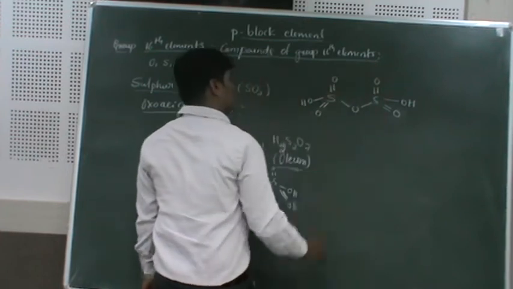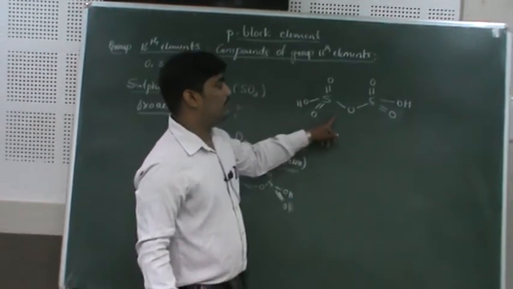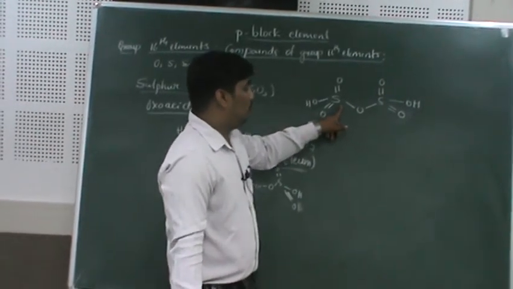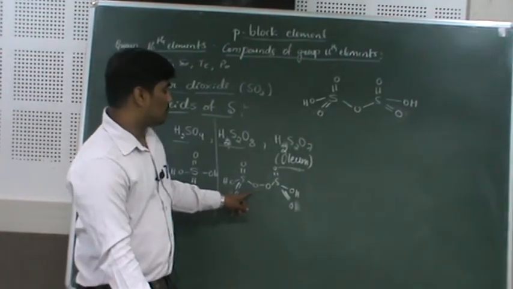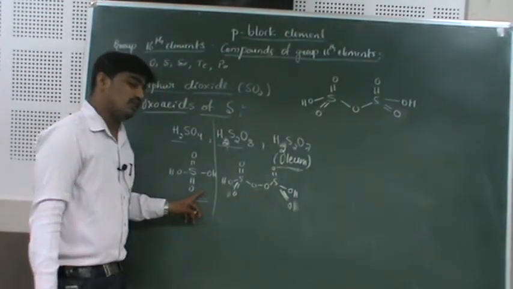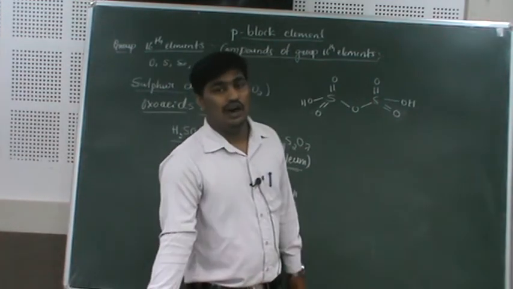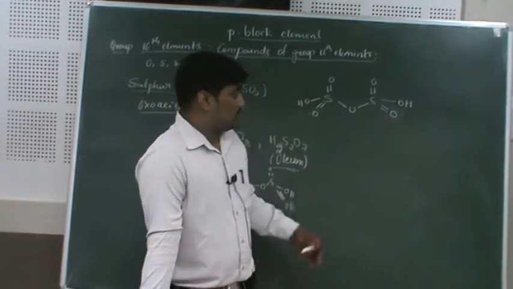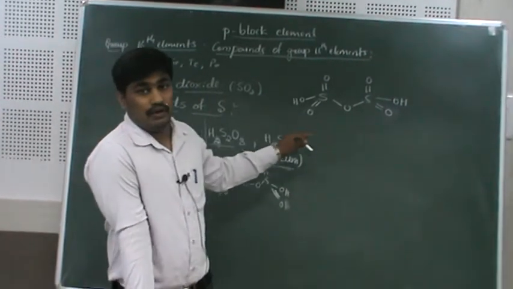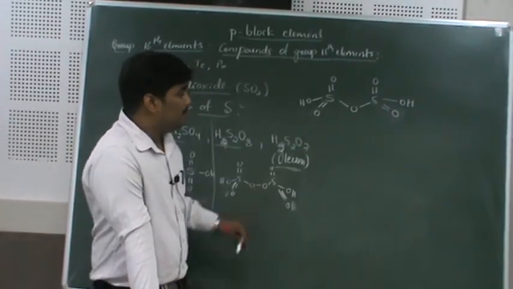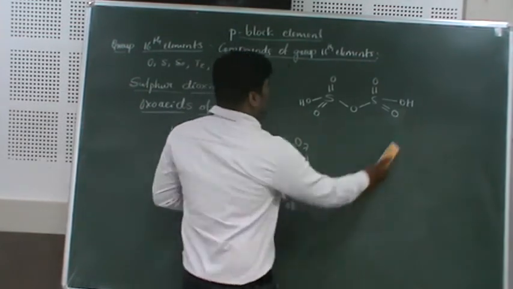So this is the structure of oleum. Very important, the structure of oleum, the structure of peroxysulfuric acid, and the structure of sulfuric acid. So these are 3 very important oxo acids. There are several oxo acids, but 3 are very important for your PUC level. Okay. Next.